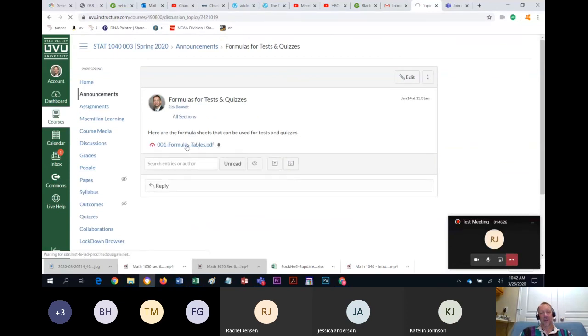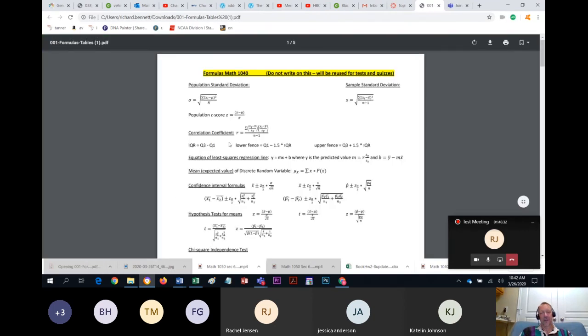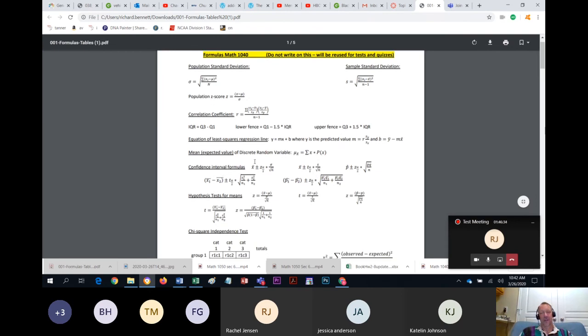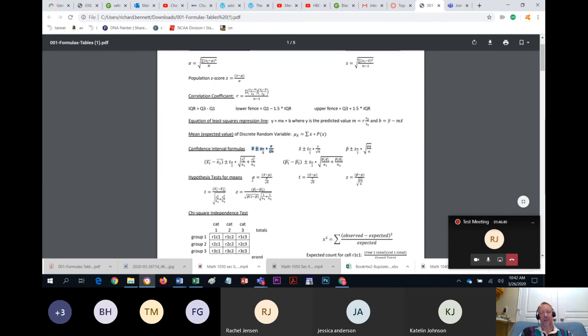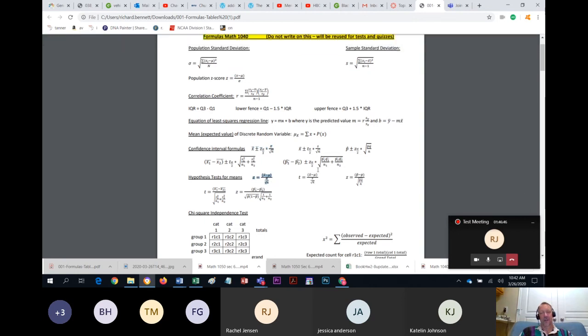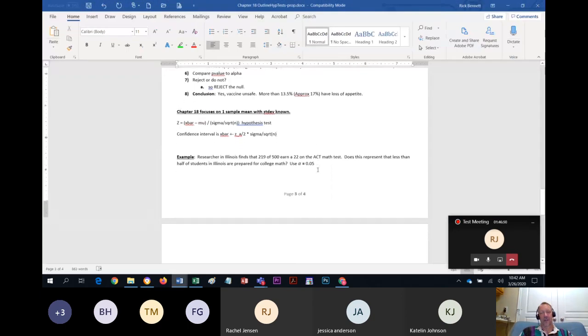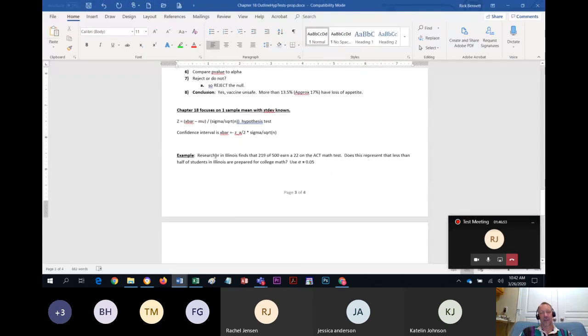Okay, chapter 18 is going to focus mainly on this confidence interval right here, that formula right there, as well as your hypothesis test right here.